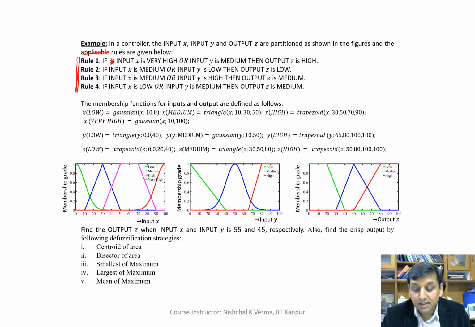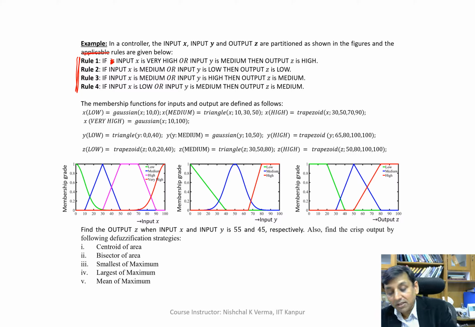Rule 3 says if input X is medium or input Y is high, then output is medium. Rule 4 says if input X is low or input Y is medium, then output is medium.